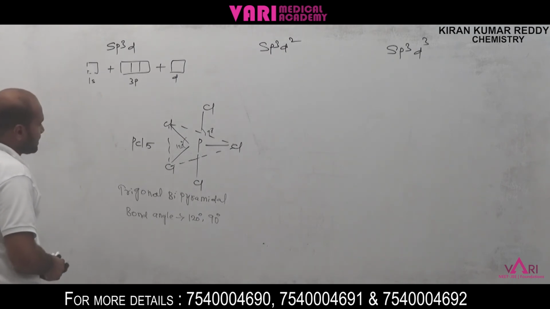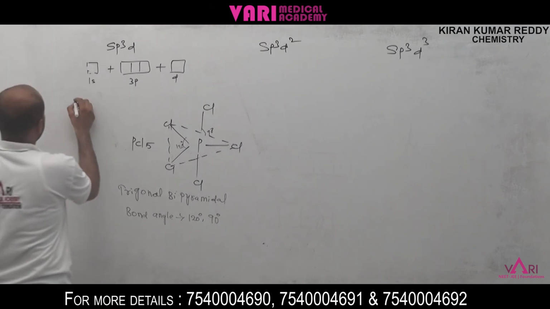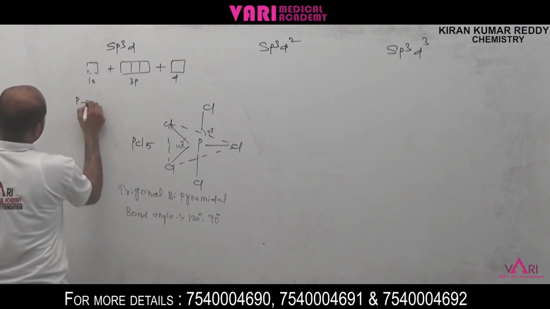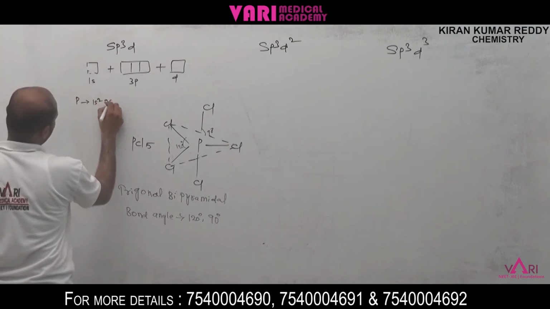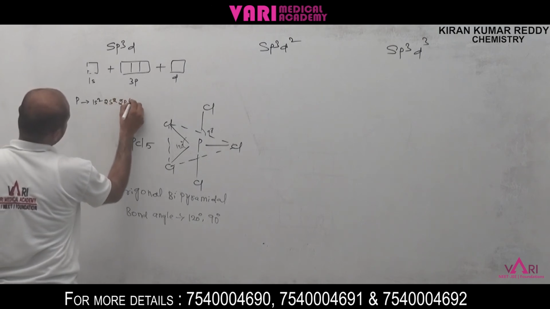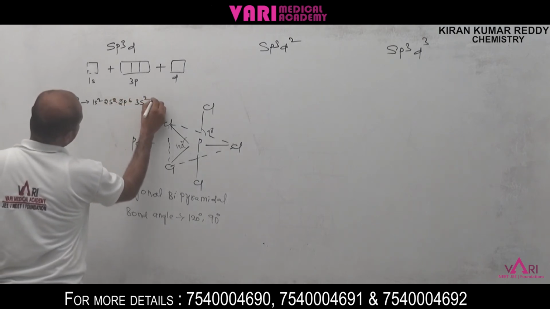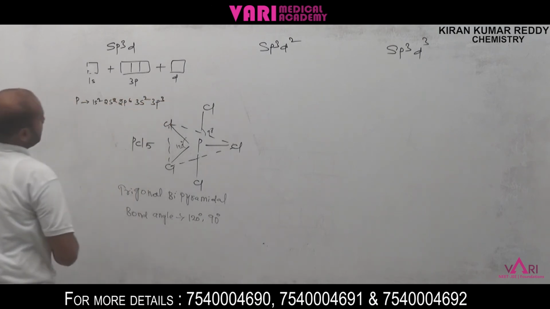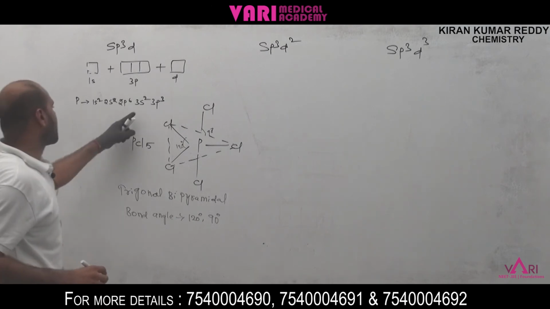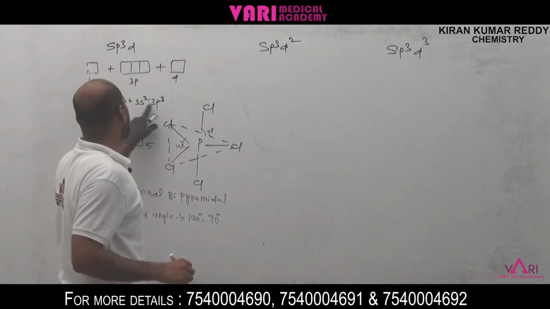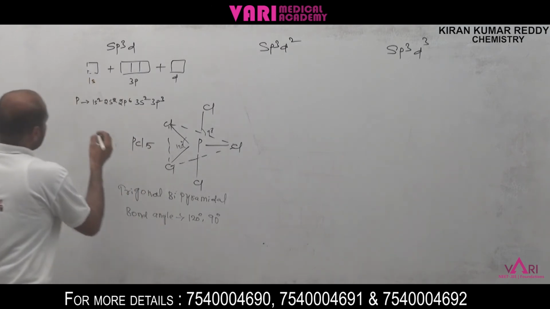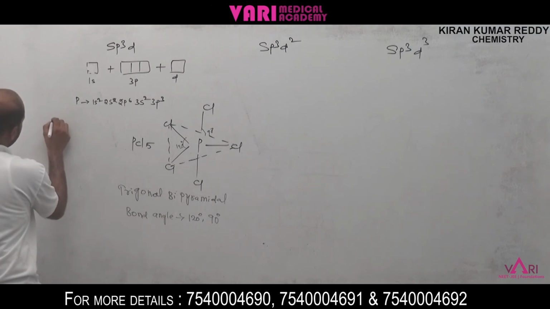Here is phosphorus. What is the electronic configuration of phosphorus? Phosphorus is 1s2, 2s2, 2p6, 3s2, 3p3. Here one of the electrons jumps from the s orbital to the d orbital. They are in the first excited state.